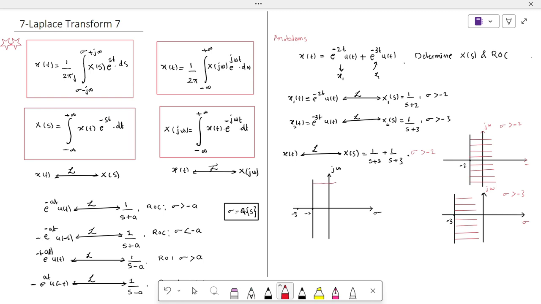So this is sigma greater than minus 2 for X(s). This is for X1(s), and this is for X2(s). So this is the way to write a region of convergence for the sum of the two functions.